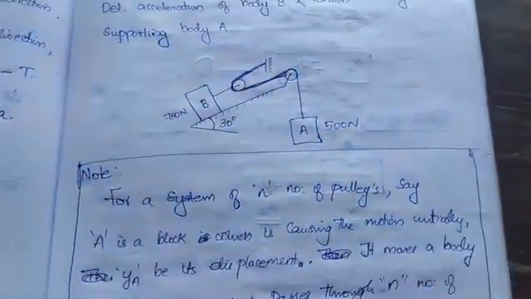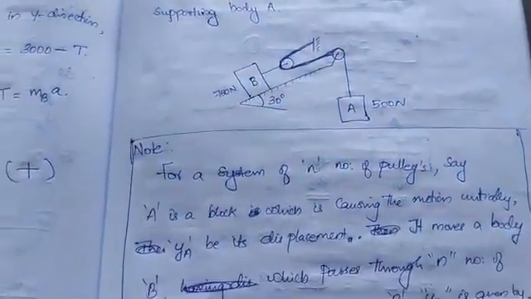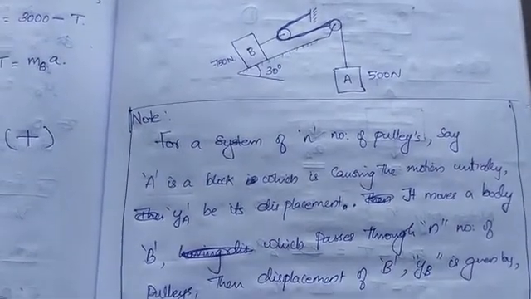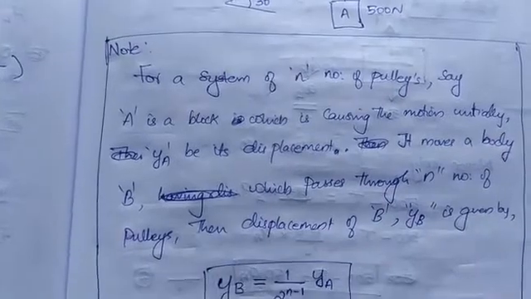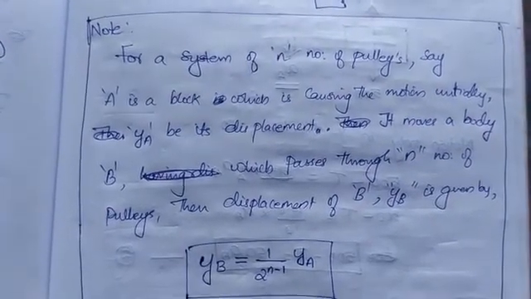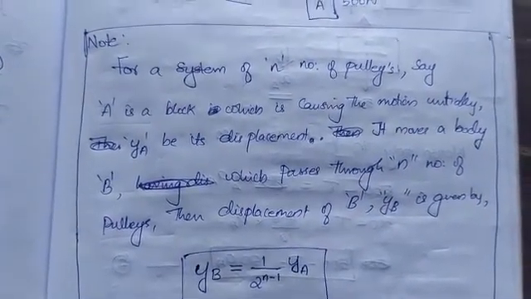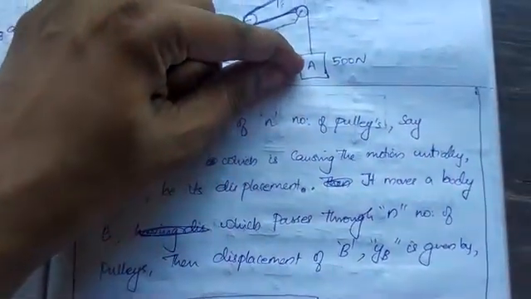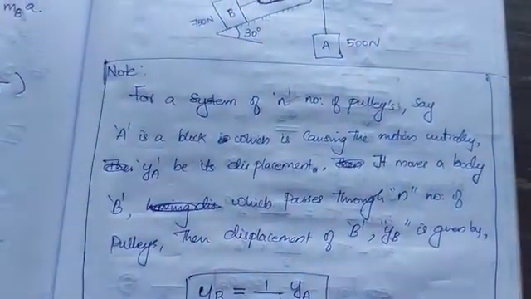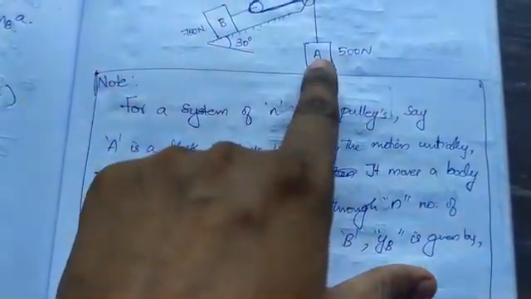I need you to recollect the physics chapters that you have studied in plus 2. For a system of n number of pulleys, say A is a block which is causing the motion initially. From this diagram, we are applying force here. Let YA be its displacement.